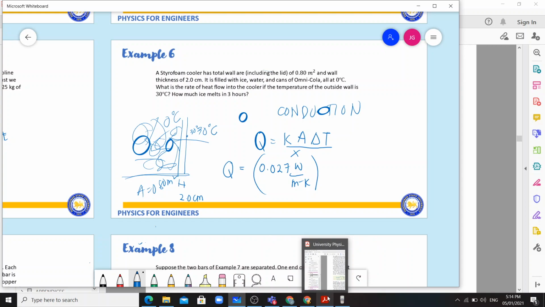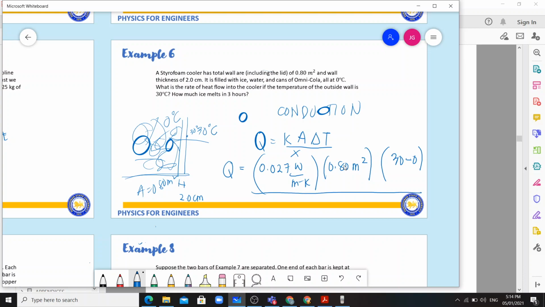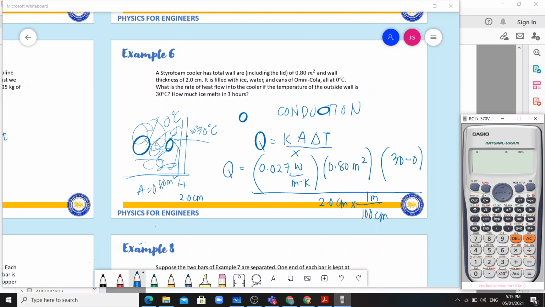So, our area is 0.80 meters squared. And then delta T is 30 minus 0, over X, which is 2.0 centimeters, or let's convert it to meters. So, our Q is 0.027 times 0.8 times 30 over 2 over 100.